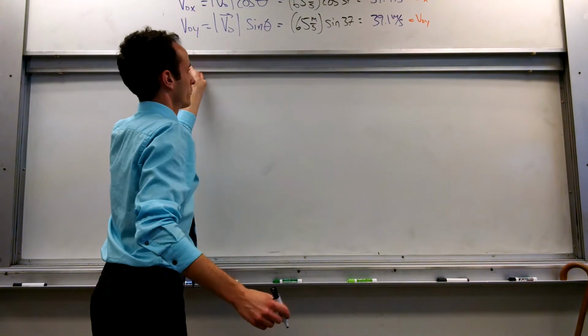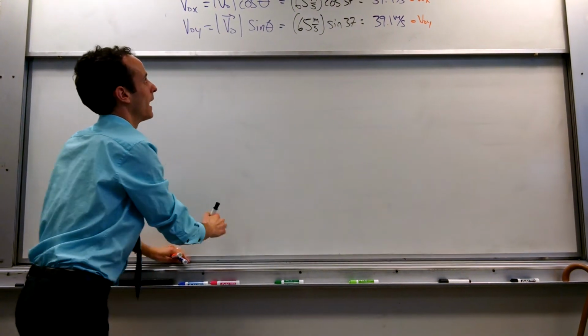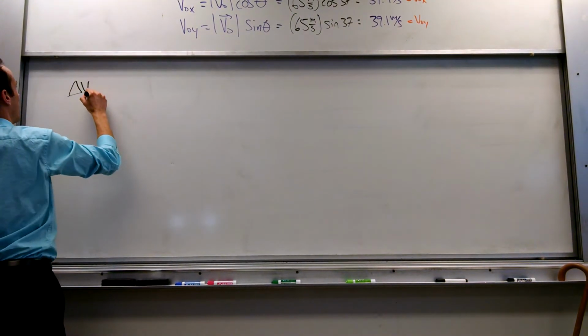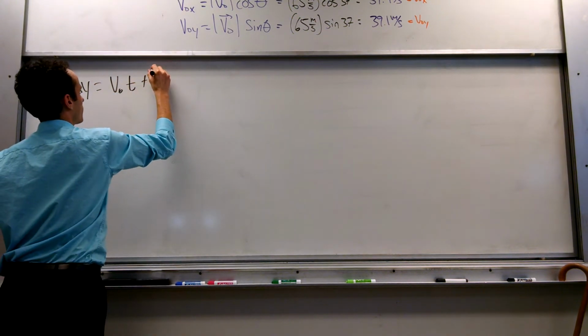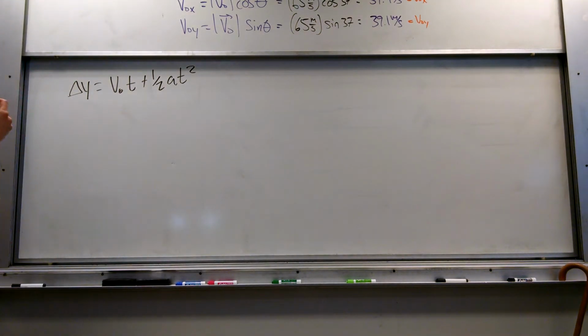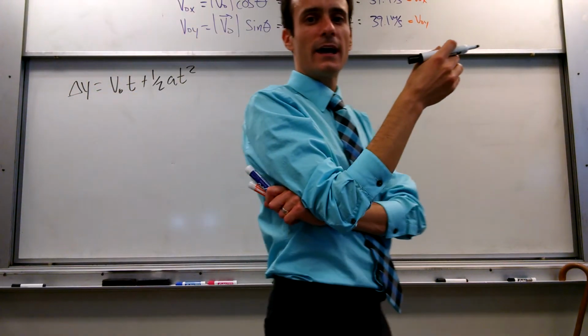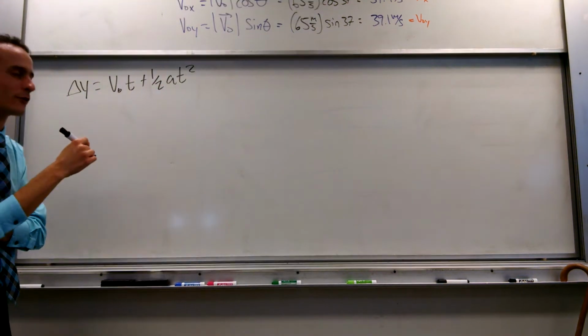So I'm going to use delta y is equal to v naught t plus 1/2 at squared. And I know usually I say solve it in variable format, but this one's going to be a bit strange.